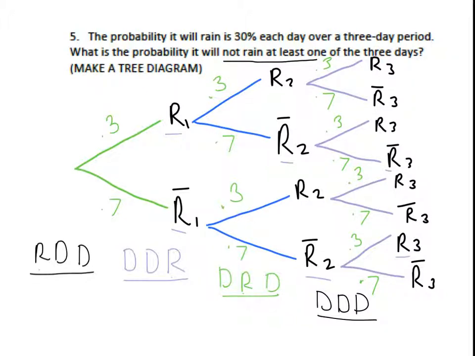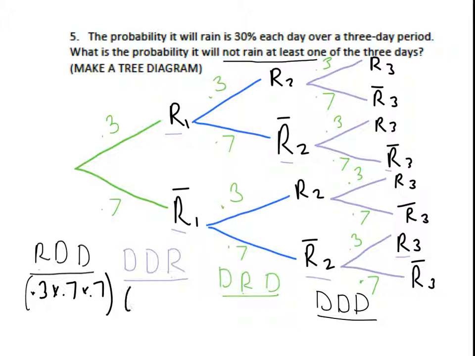So then we find all the different probabilities that we have here. So we have, let's put this in parentheses, 30% chance of rain and 70% chance that it's not going to rain. And I'm actually going to use these so we don't mix them up as decimals, right?